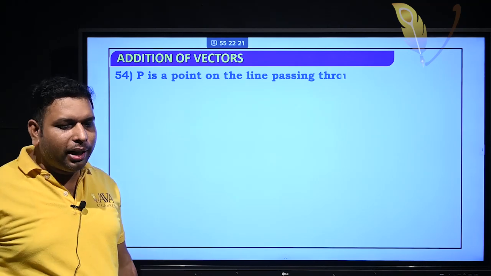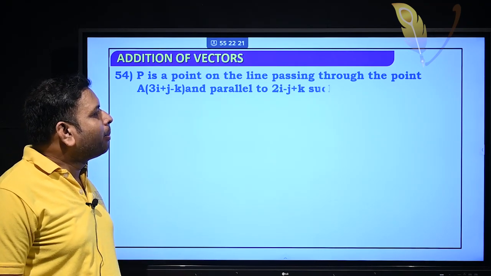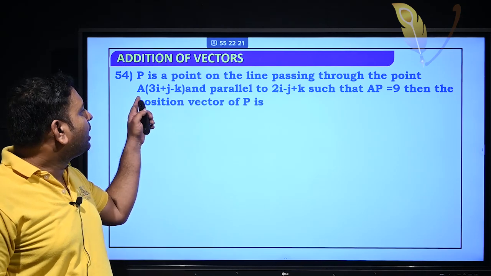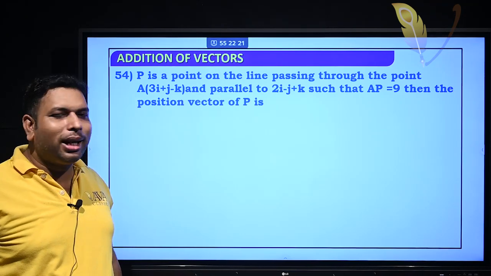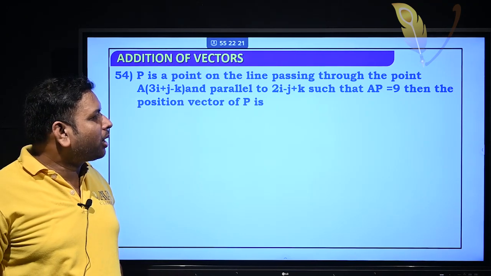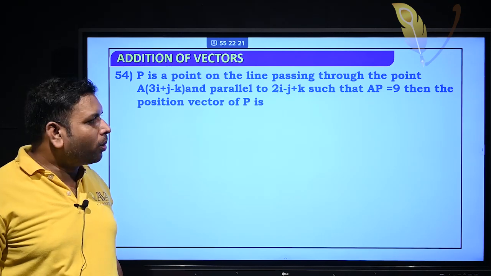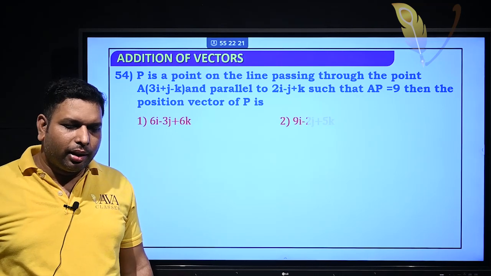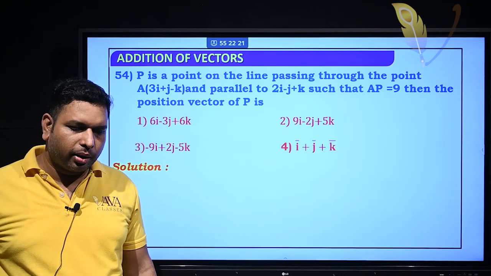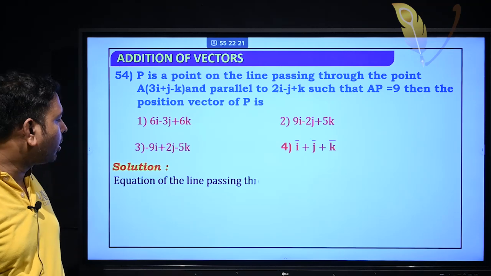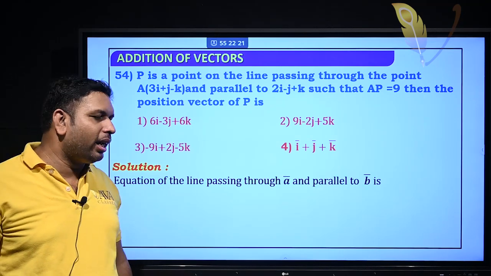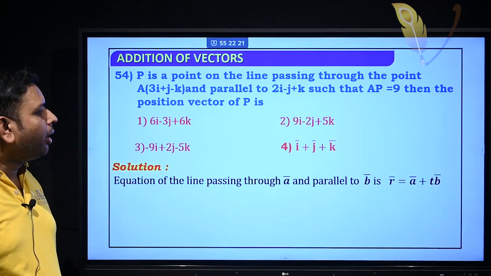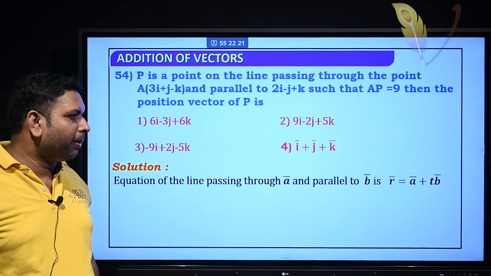Now 54. P is a point on the line passing through the point A (3i + j - k) and parallel to 2i - j + k such that AP = 9. Then the position vector of P is, these are the options. Now solution. Equation of the line passing through A and parallel to B is r = A + tB.